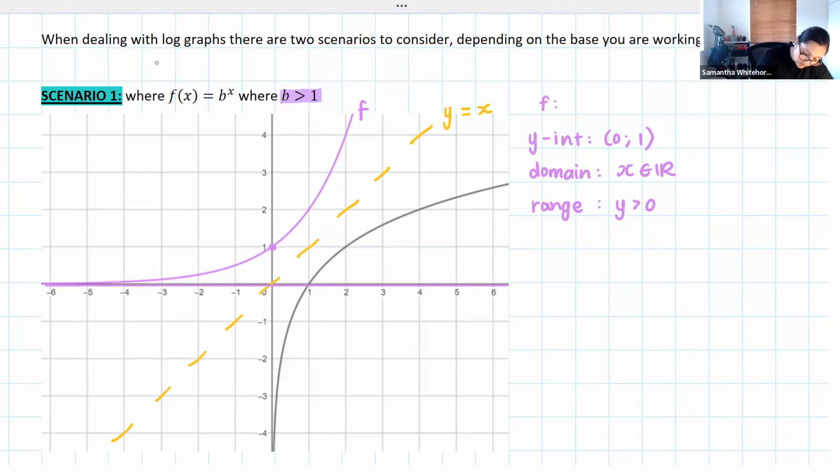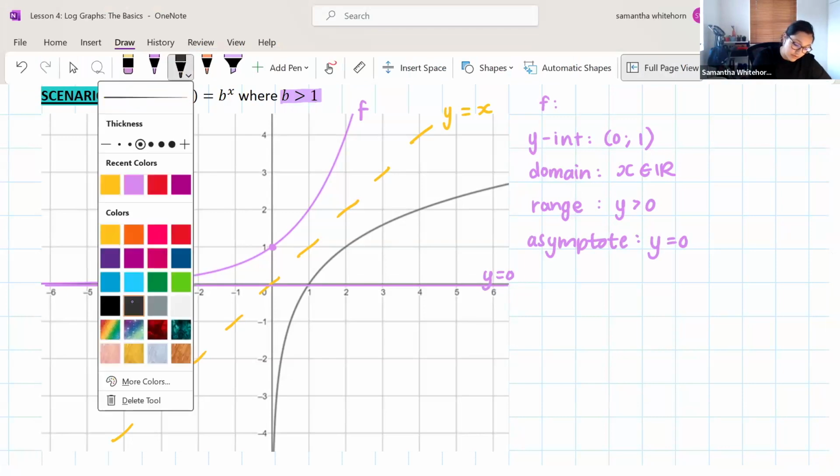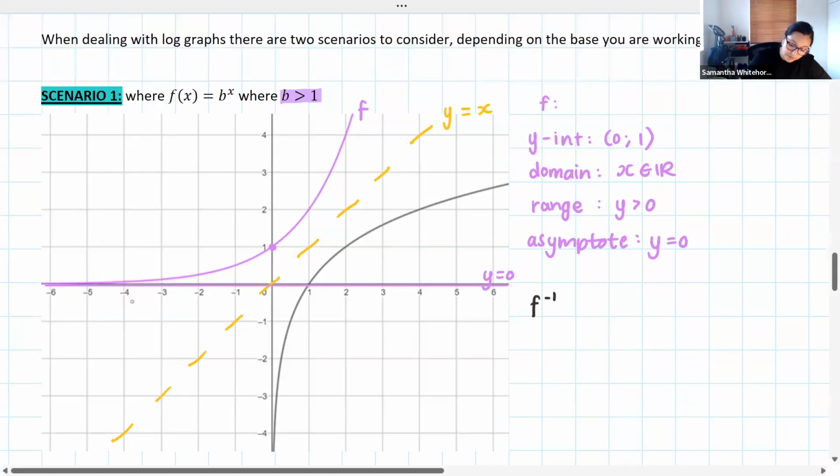So here's our y equals 0. Okay, so that's everything we know about f. We actually did that already earlier when we drew the graph of 2 to the power x. But let's now have a look at our inverse graph. So now we're going to compare all of this information for our inverse.